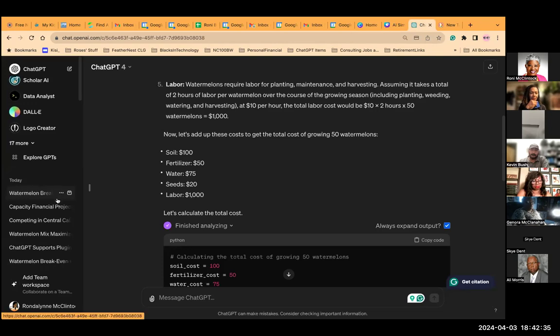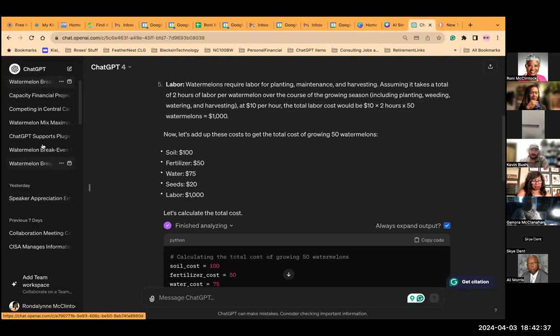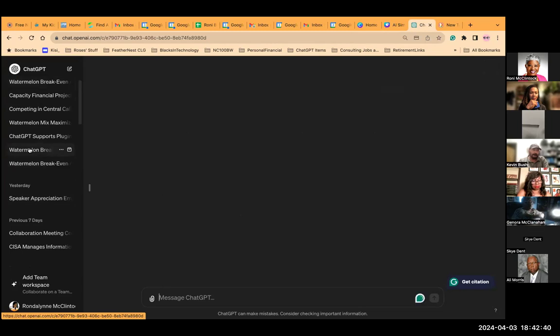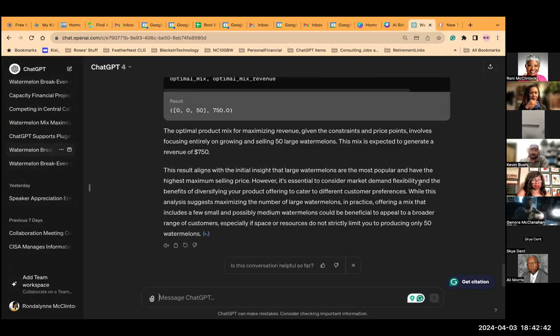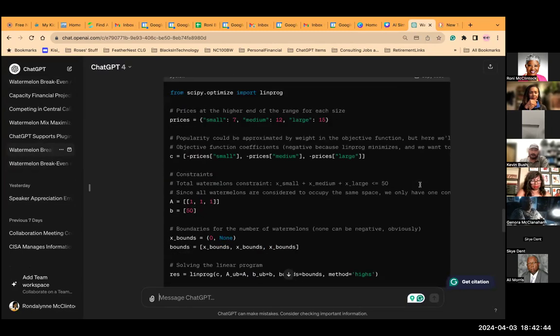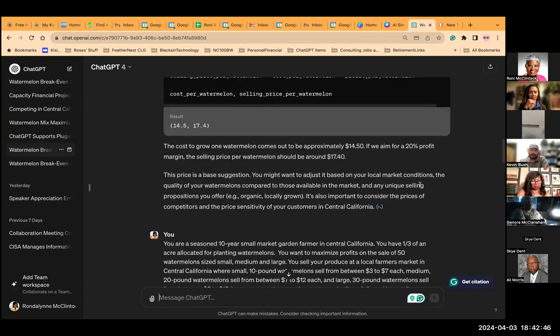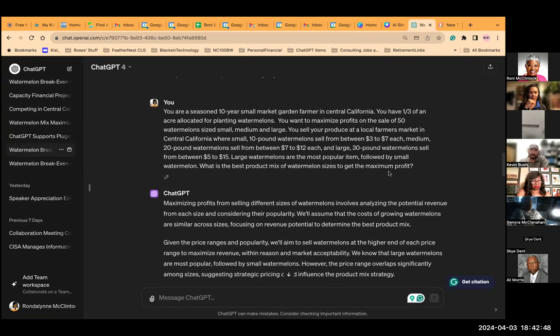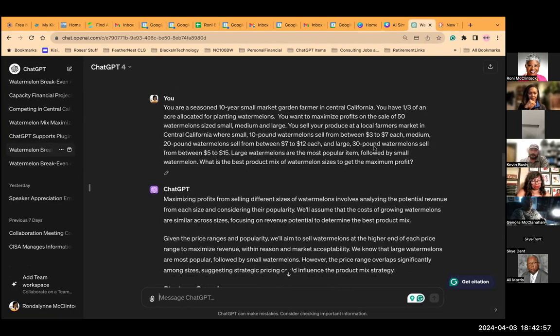I actually ran this a little bit earlier, and I want to show you a previous break-even analysis that I ran. Earlier I ran one where I just said, okay, I'm a seasoned small market garden farmer. I put in more information. I put in the prices.